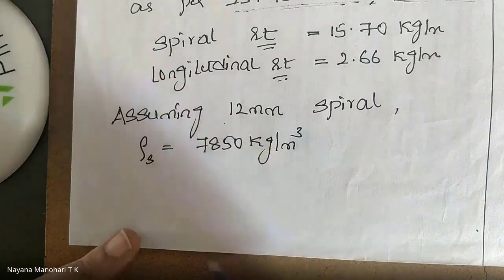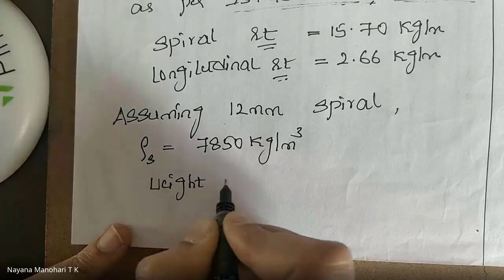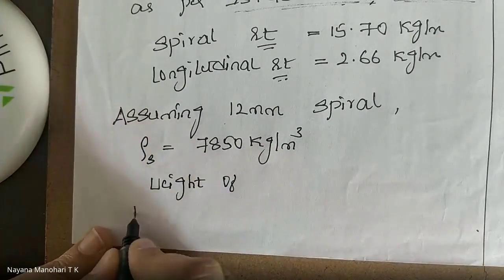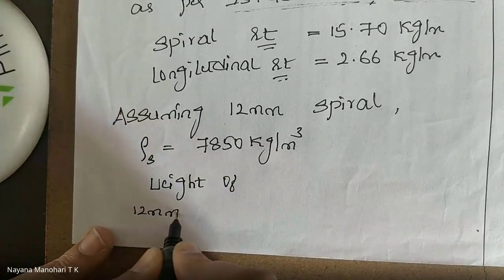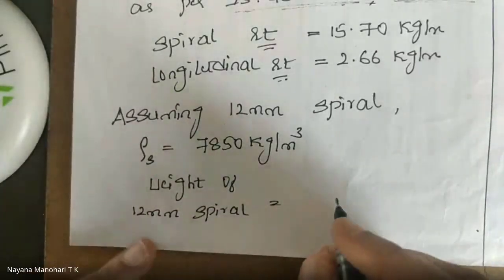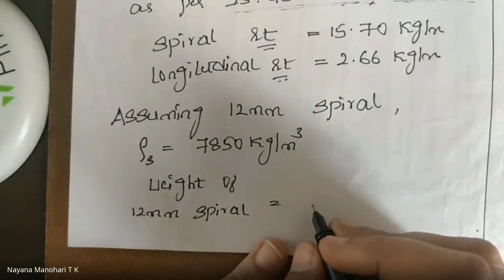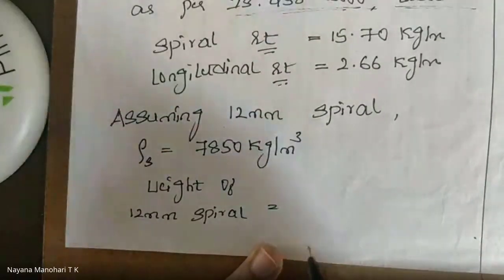Okay, now to calculate that, the weight of 12 mm spiral is given by its volume multiplied by its density.